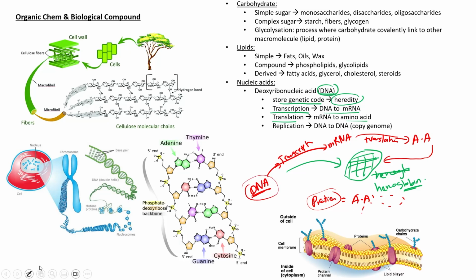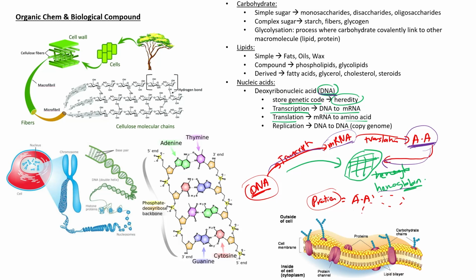How they do it is by first the transcription process, where the DNA is converted into mRNA, and this mRNA is used to instruct the coding for amino acid production. This mRNA will tell how the amino acids should assemble, so that it can create the correct protein, which is hemoglobin in this case.